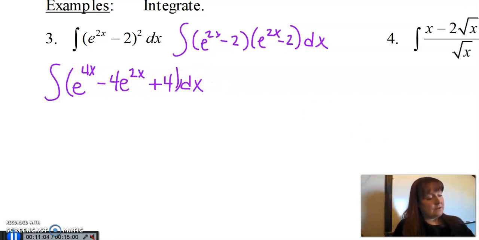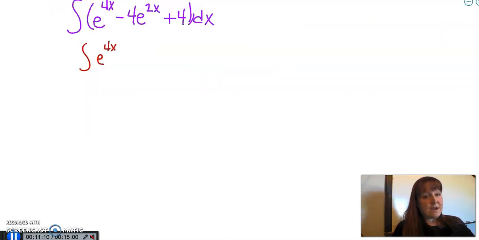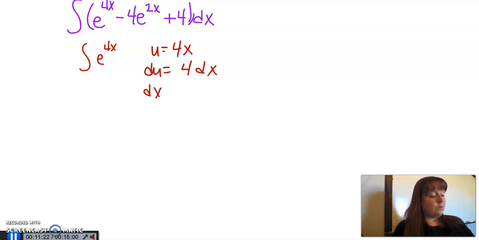So I'm going to write this one, the integral of e to the 4x. If I want to do this one, you might be able to do a quick U substitution in your head, but if not, u is going to equal 4x. Therefore, du equals 4 dx. Therefore, dx equals 1/4 du.